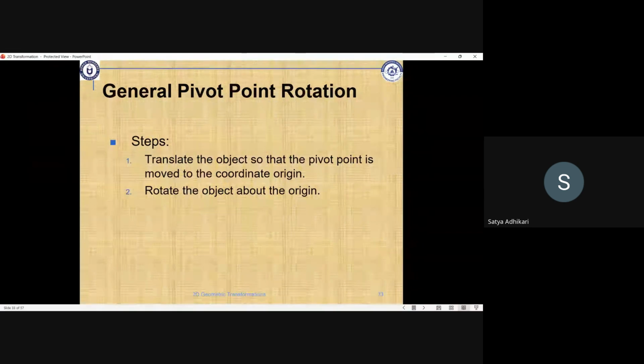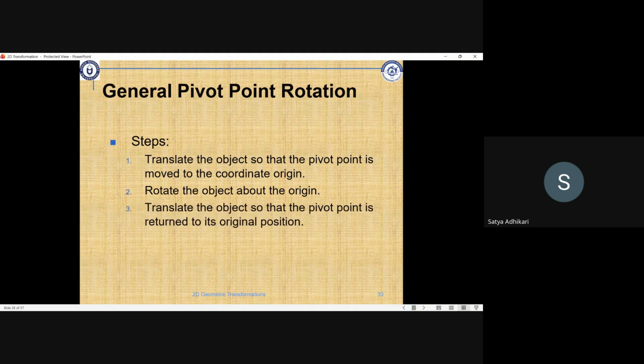Once it is rotated, this is not the original output because we are rotating about the origin. So again translate the pivot point to its original position by using inverse translation. You see, translate the object so that the pivot point is returned to its original position. That is, indirectly we use inverse translation.